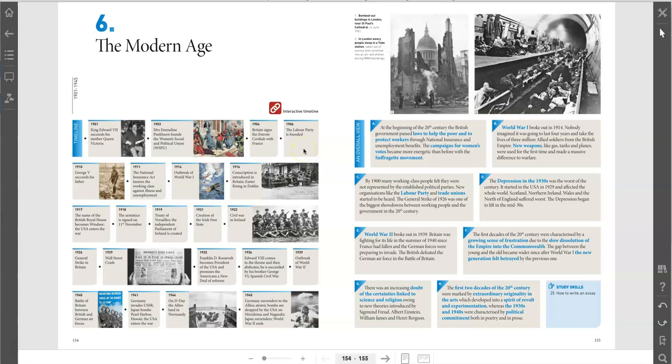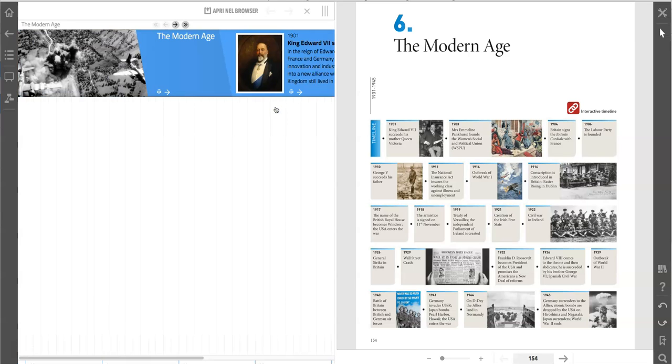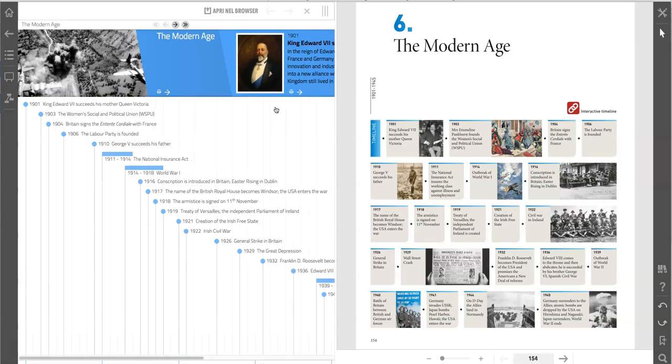In order to do so, I'm going to show you an interactive timeline. With this timeline, we can explore the most important historical events of the time.